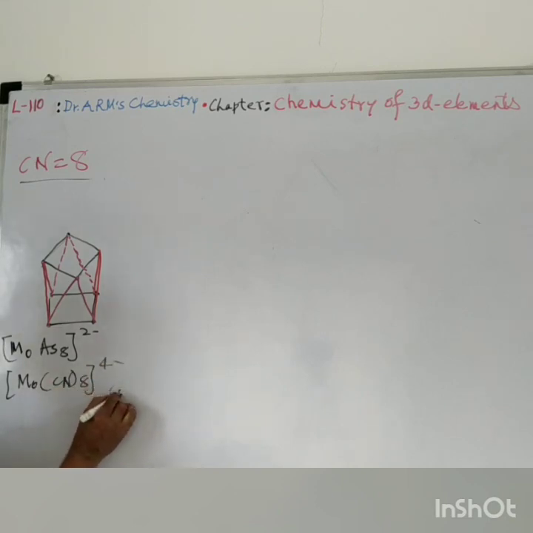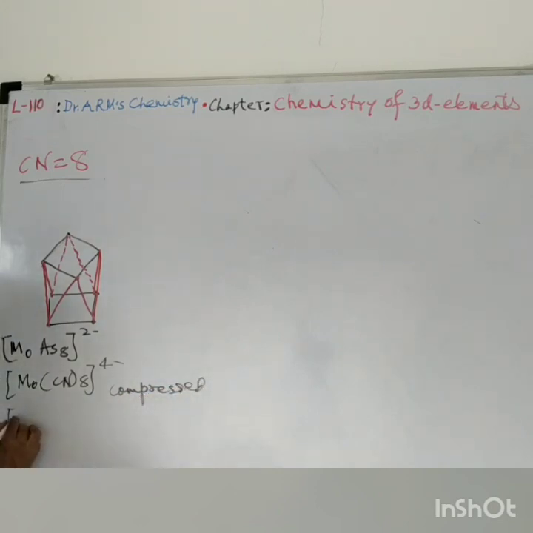This is a compressed structure. Then this is ytterbium, Yb(NH3)8 3+.